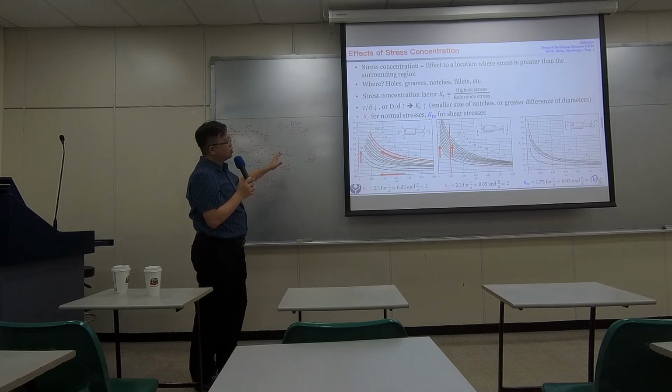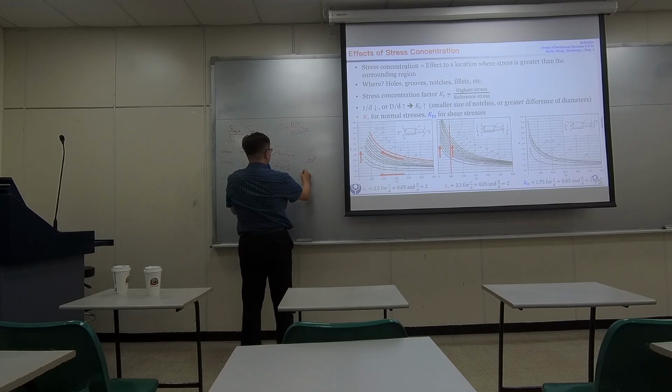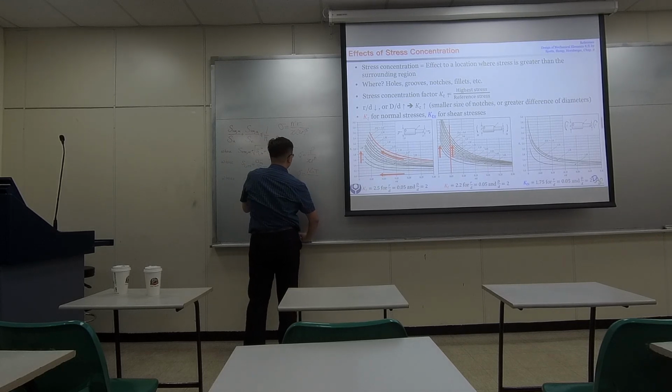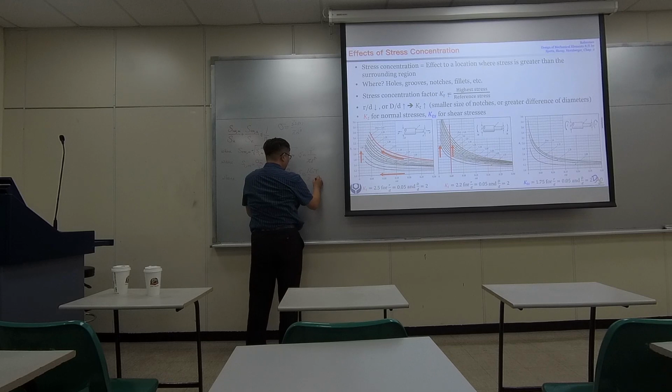Okay, so for the third one, you can directly use 16T over pi d cubed. For bending, I can directly use 32M over pi d cubed. Sorry, that was wrong earlier: 32M over pi d cubed. This is right. And this is 16T over pi d cubed.